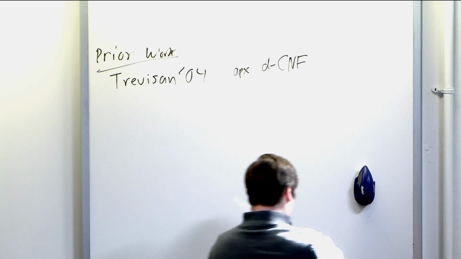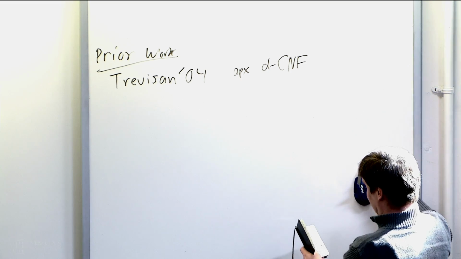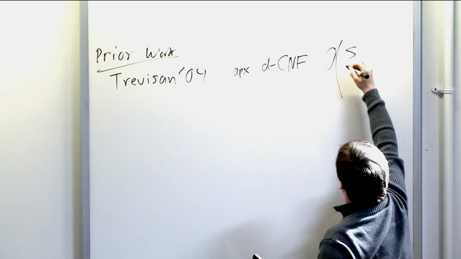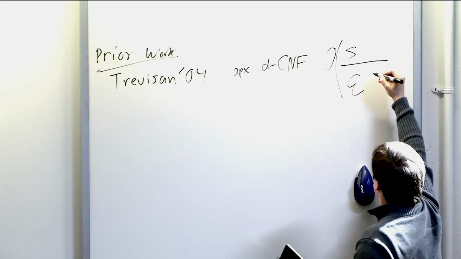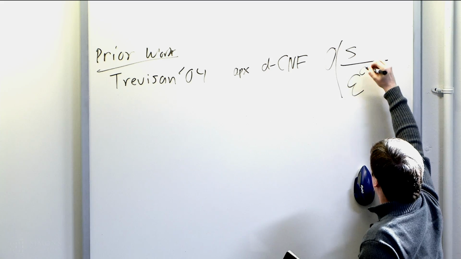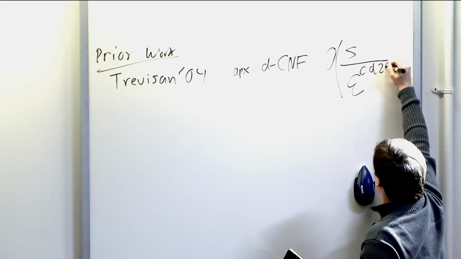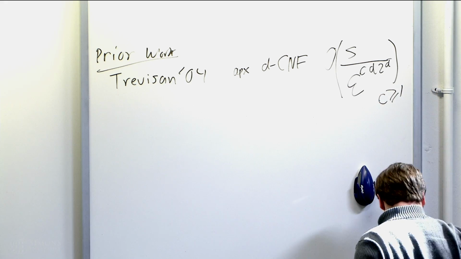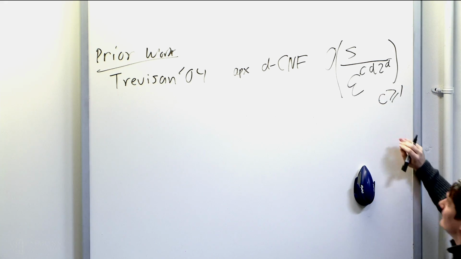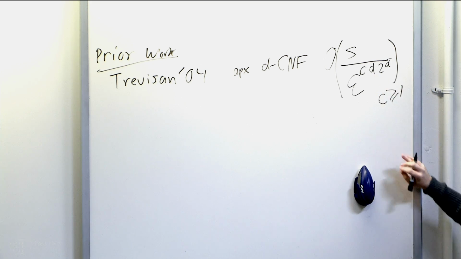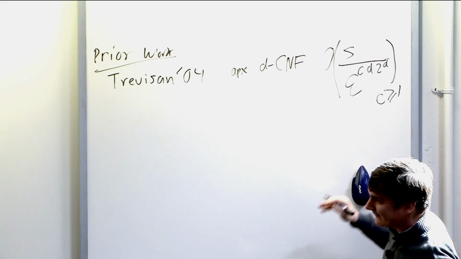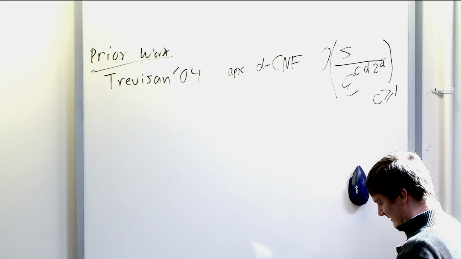And there he gets a polynomial time algorithm, where S is the size of it. And he gets an algorithm which has dependence epsilon to the C times D times 2 to the D, for some constant C at least 1. So the dependence here is pretty bad, even for D equals 2. Over there we get actually epsilon squared.